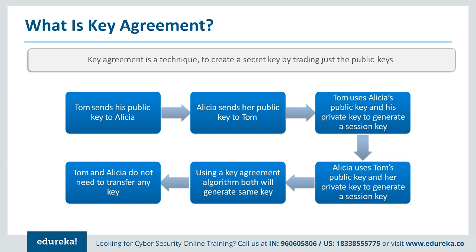Similarly, Alice uses her private key and Tom's public key and generates the session key. Obviously, both keys will be the same. So they have generated a session key. Now, instead of using two different keys to encrypt and decrypt, they use the session key to encrypt and decrypt the messages. So both parties know the key for a faster and safer encrypted channel.